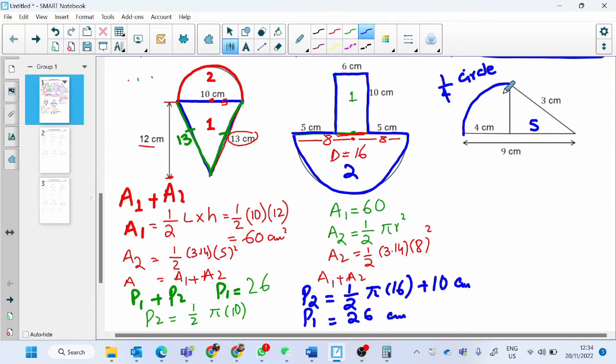If it's 1/4 of a circle, then we can find the area of a circle and divide by 4. If the radius from this point to this point is 4, then this is also 4. So we can find the area of the first shape and then the area of the second shape.